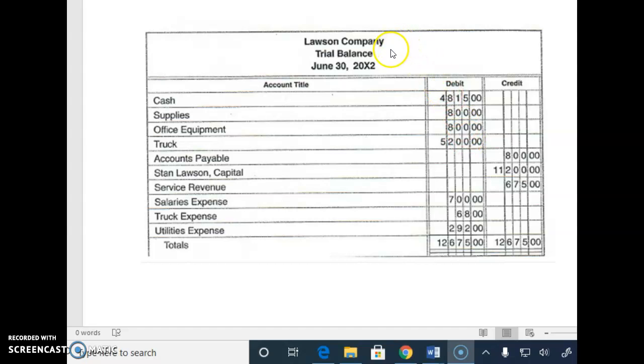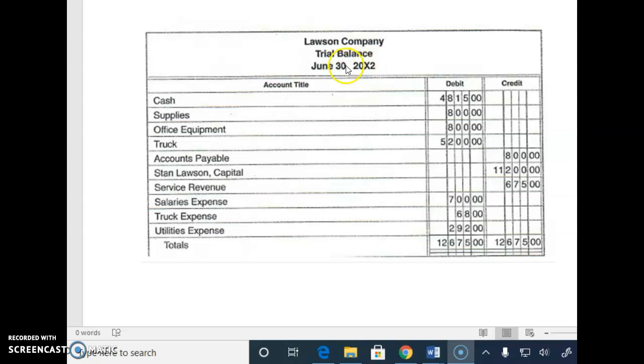Notice, again, the title. You have the title of the company. You have the name of the statement. It's the trial balance. And then, for the trial balance, this is kind of like the balance sheet. It's a snapshot. As of this day, these are the account balances that you have. Now, it's not for the month ended, for the week ended, for the quarter ended, or whatever.